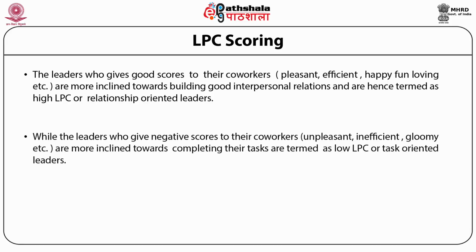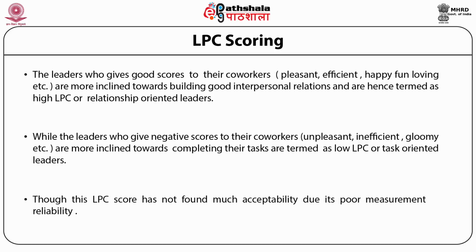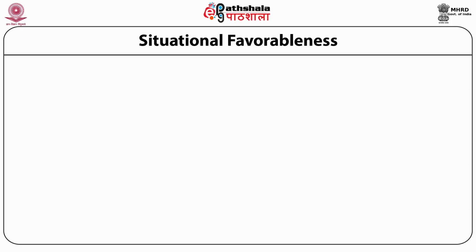While the leaders who give negative scores to their workers, like unpleasant, inefficient, gloomy, etc., are more inclined towards completing their tasks and are termed as low LPC or task-oriented leaders. Though this LPC score has not found much acceptability due to its poor measurement reliability.